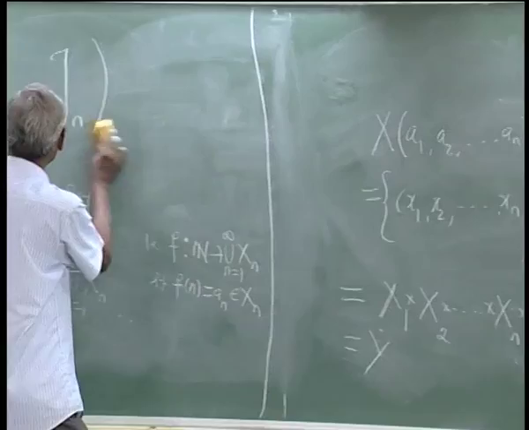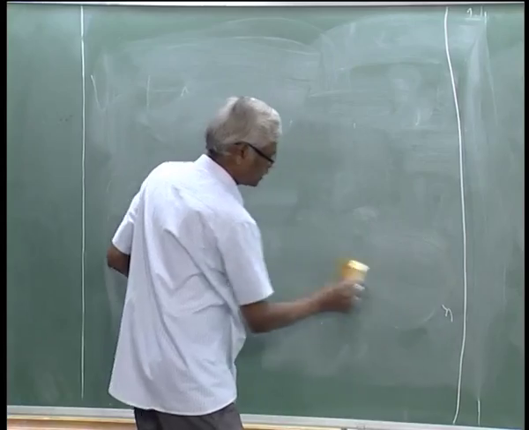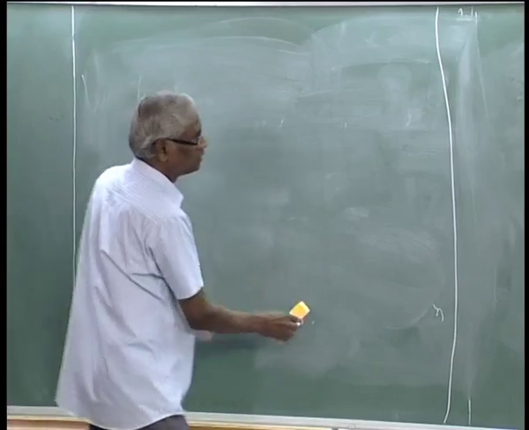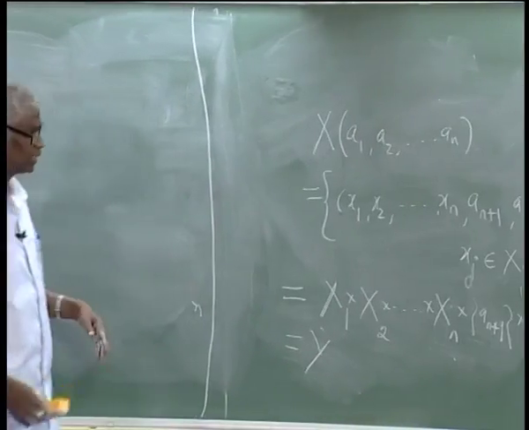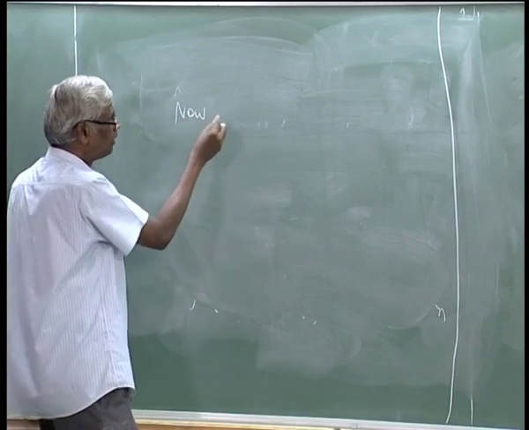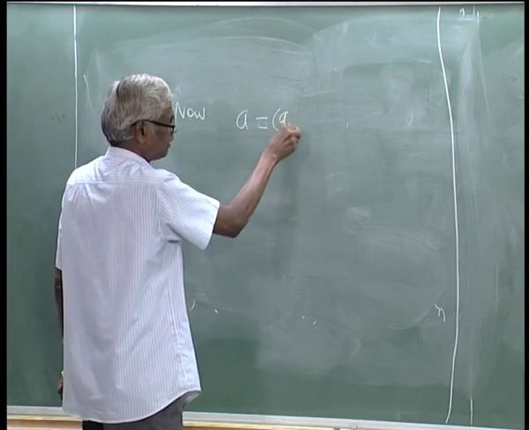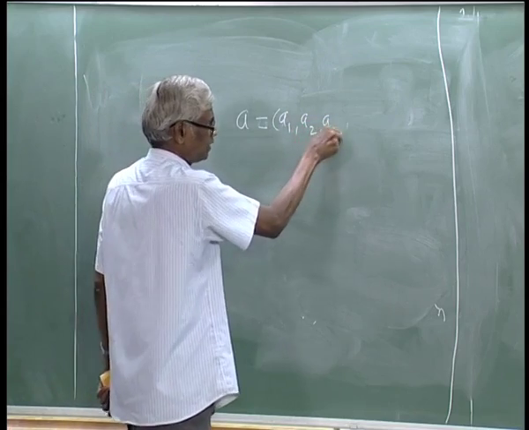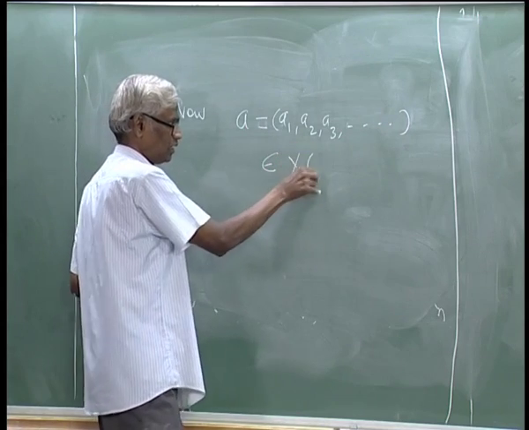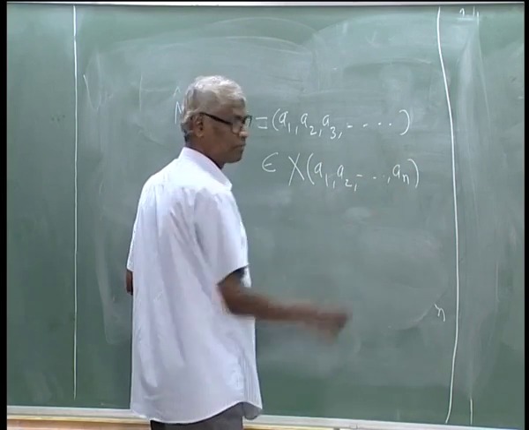Here we have fixed only one ordered pair a_1, a_2. So, here we have fixed a sequence A equal to (a_1, a_2, ..., a_n). Now, this A equal to (a_1, a_2, a_3, ...) belongs to X of a_1, a_2, ..., a_n for all n.